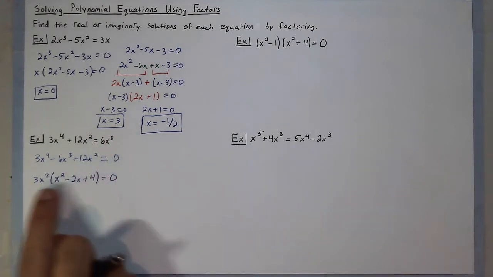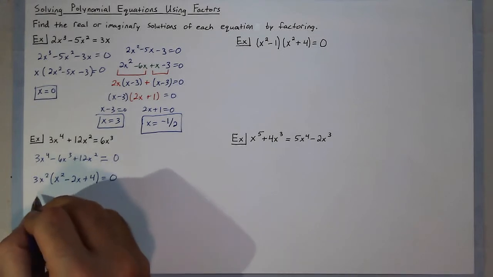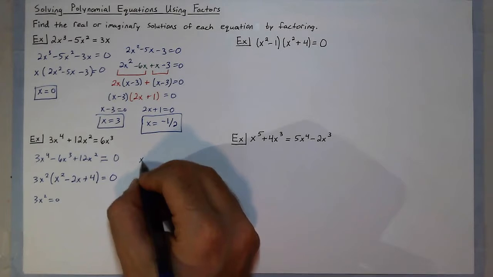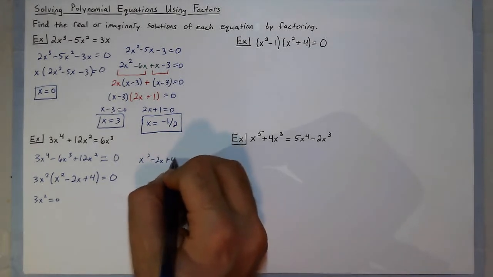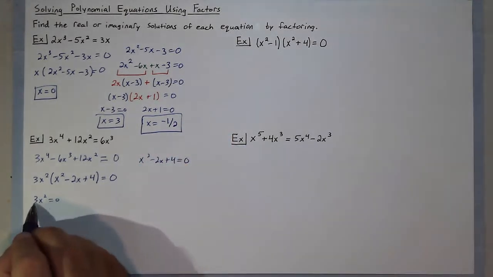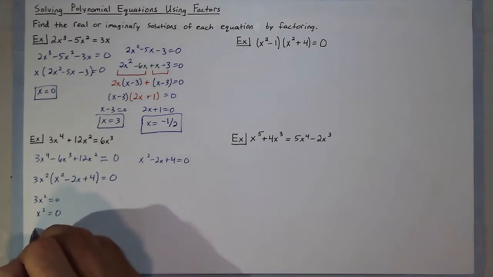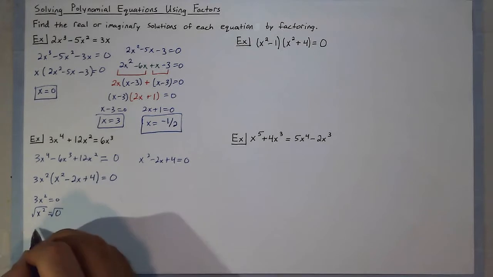Now I can set each of these factors equal to 0. So 3x squared is equal to 0, and x squared minus 2x plus 4 is equal to 0. Now I can divide by 3, still have 0, and then I can take the square root of both sides. That gives me the absolute value of x is equal to 0.